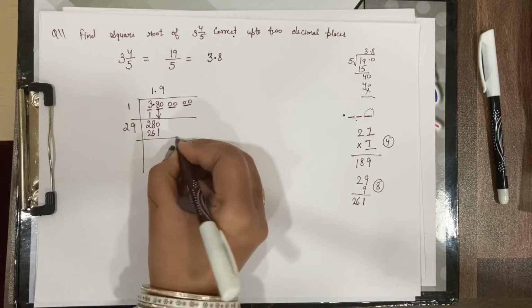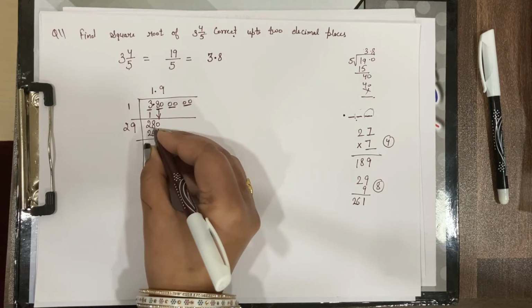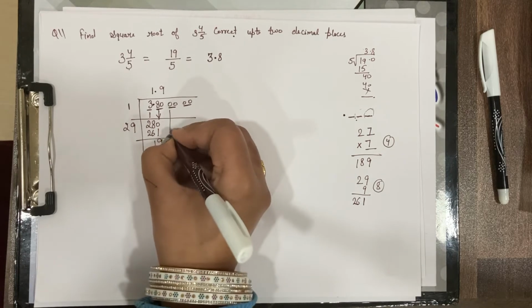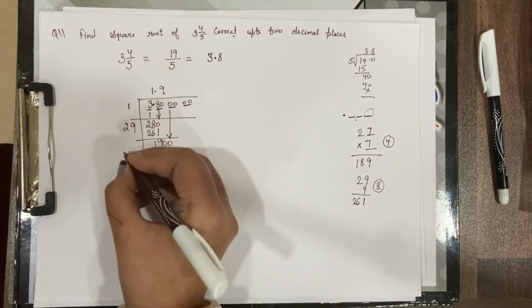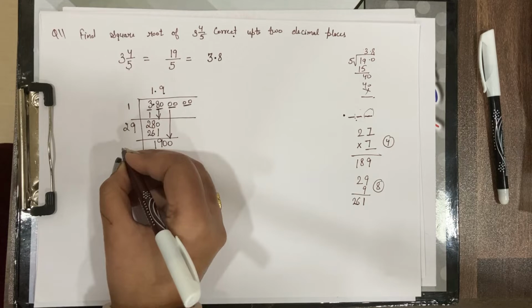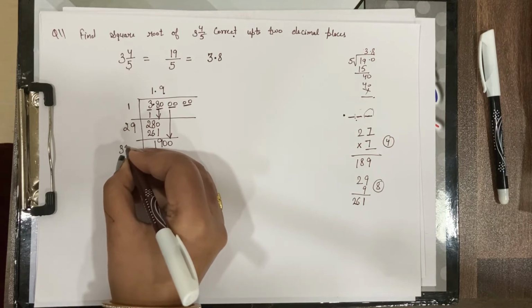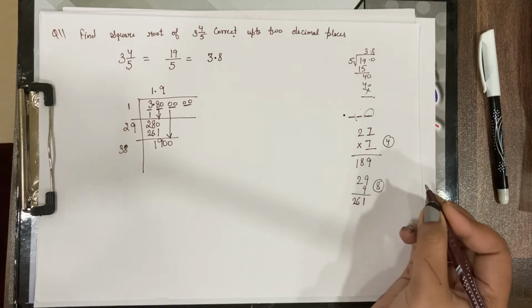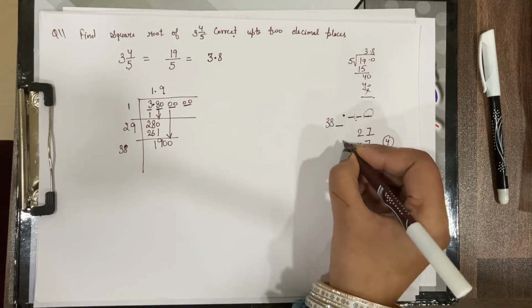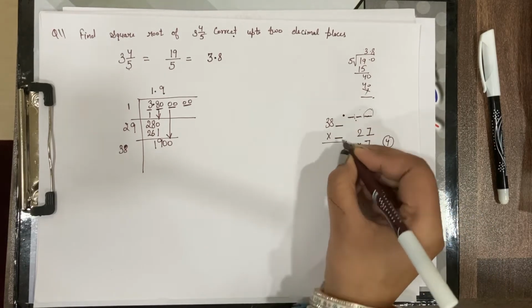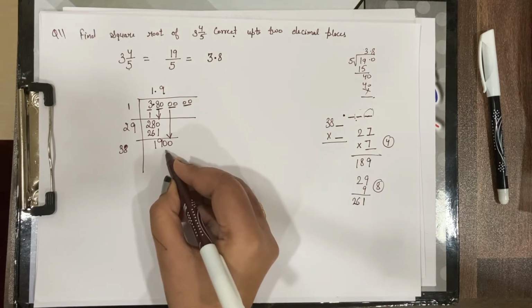Subtract it. Double 0 here, and again double of this. 19's double is 36. 38, sorry. Double of 19 is 38. Now we have to write something here and here, which gives an answer lesser than this, 1900.